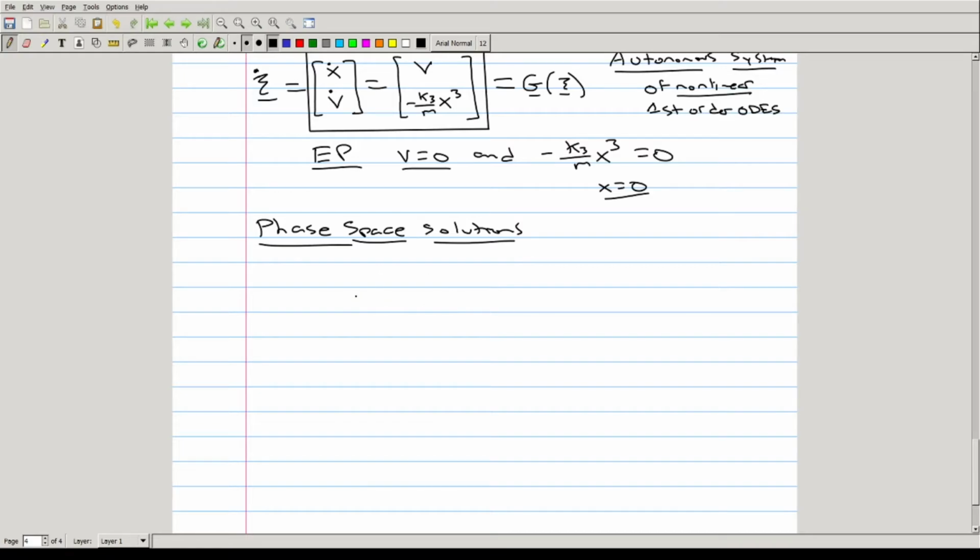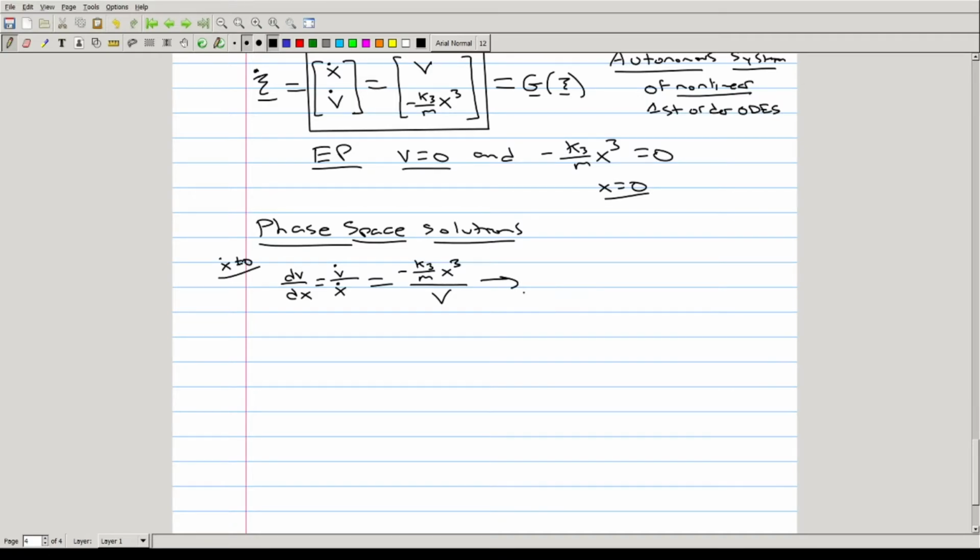So for any orbit in phase space, again, we can go through and calculate dv dx when x dot is non-zero. It will be v dot over x dot, which will be negative k3 over m x cubed divided by v, which is a separable ODE.